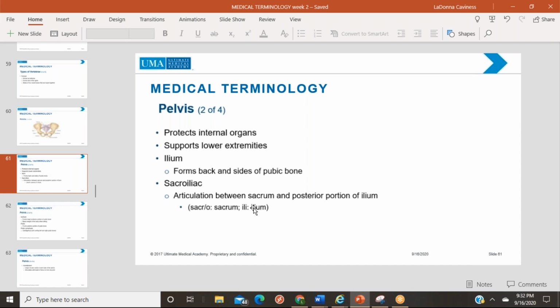If we break this medical term down, sacroiliac, SACR is the combining form, and ilium is the suffix. When you pull that all together, it's sacroiliac.